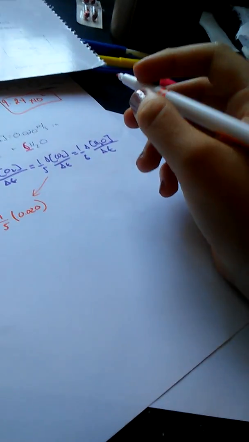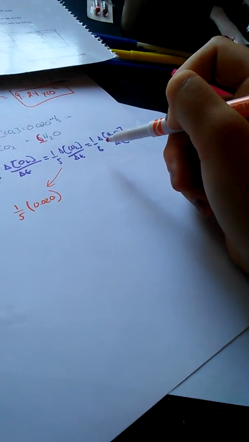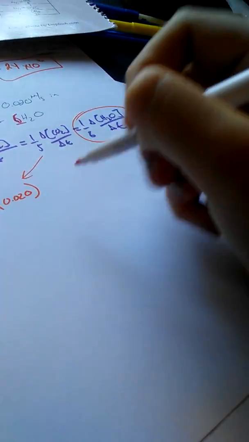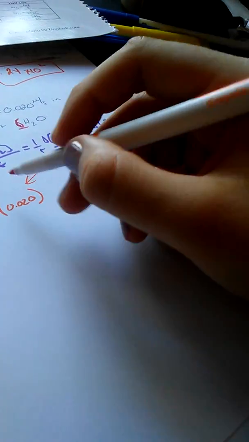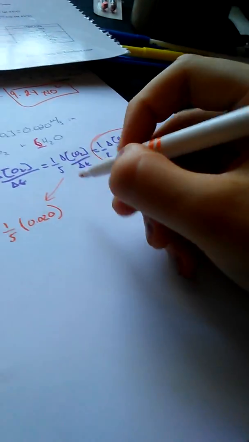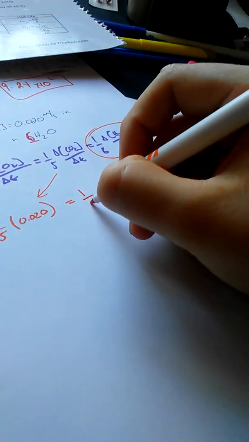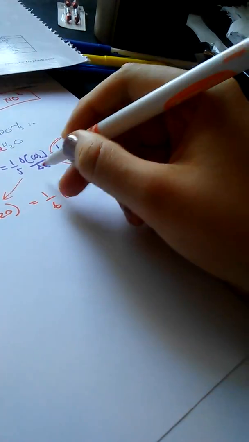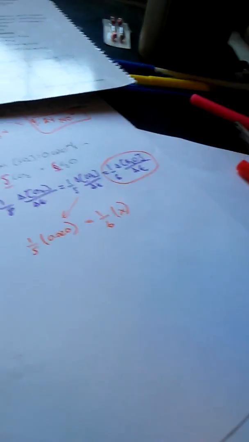And we are trying to find water, so right now we're focusing on the water. We put this together: 1 over 5 times 0.020 is equal to 1 over 6, and water is going to be our x. This is what we are trying to find.